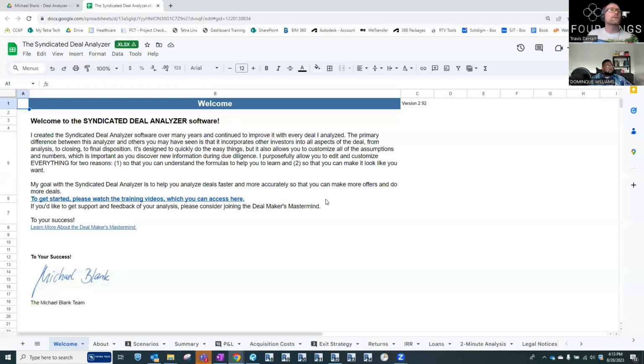First, this right here is the analyzer, and everybody seems to have their own analyzer. Every group you go to, everybody's got their own. I think I've got at least a dozen different analyzers, and if you understand what information you want to pull from each deal, you're able to use any of them.